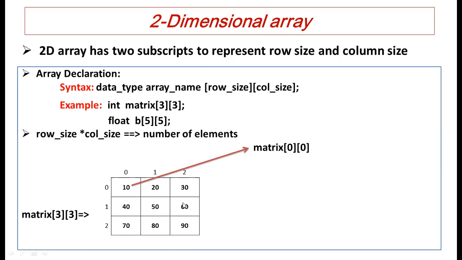If I want to access 60, then how can I write it? Here I can write matrix[1][2]. Which row? Row number 1. Which column? Column number 2. The intersecting point will give the location and the element in that location.